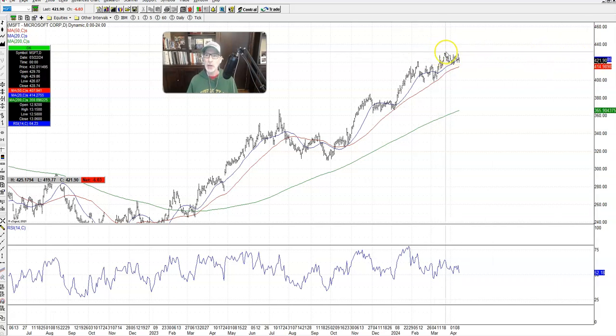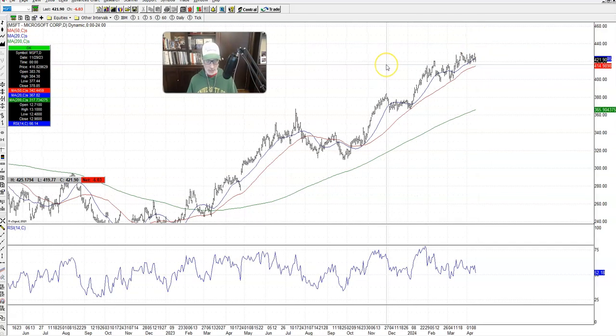So I'd say around $430 was the all-time high for Microsoft, trading around just under $422 now. If things start taking off next week, Microsoft should easily break above 430 and keep going. Very strong looking stock.